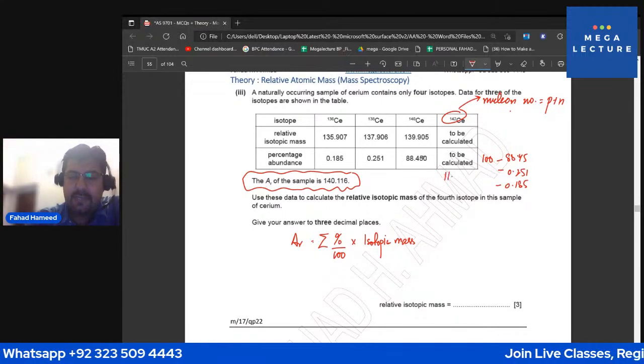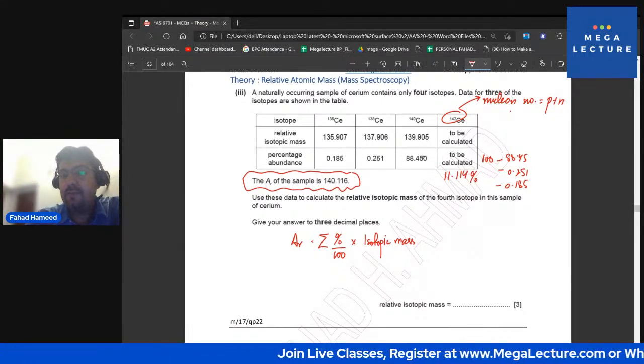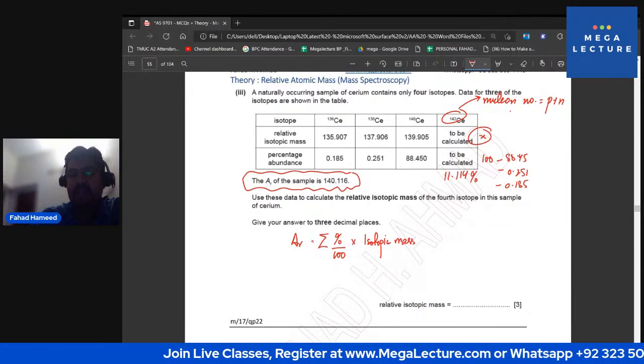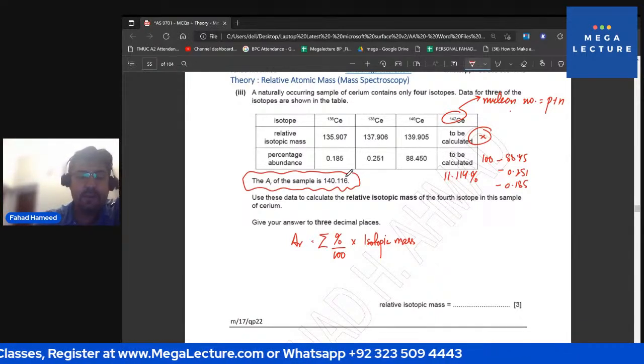So this over here is 11.114%, and I don't know what the mass is. I'm going to take the mass as x, and I'm going to apply the formula. The average is already given. That's 140.116.